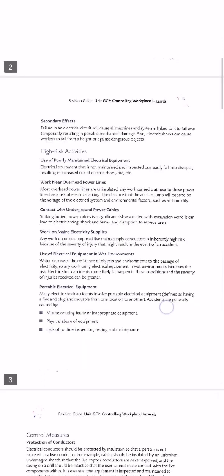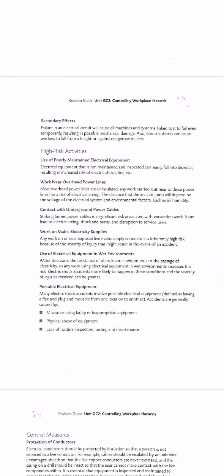So this simply means that when people are doing excavation, if the cables are in the ground and the excavation damages the cable, it can lead to electrical shock. Then it can lead to no power supply or damage of the water system, right? So these are the effects also.